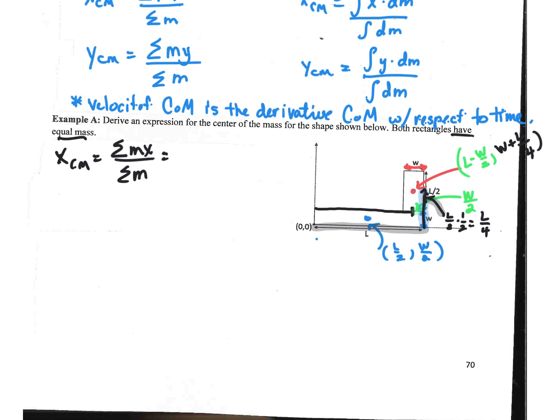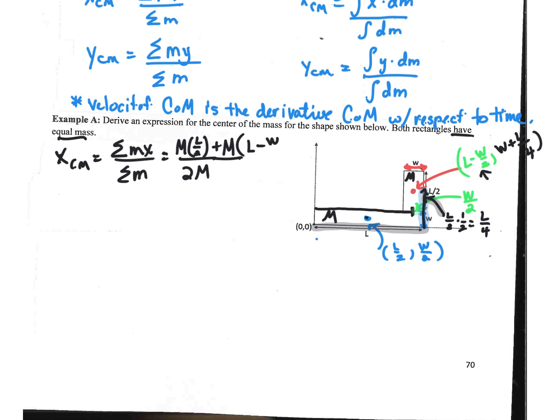Well, this is going to be big M times L over 2. That's this guy. Plus big M times the location of the other guy, which is this one right here, L minus W over 2. Well, what is that equal to?